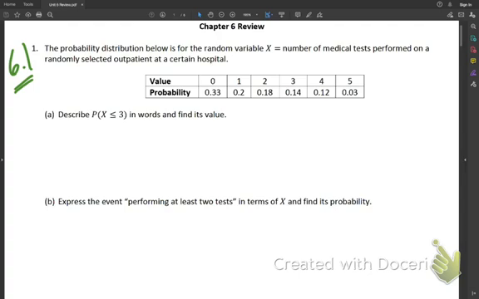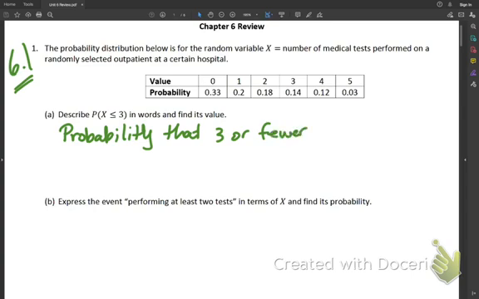So what that means is the probability that 3 or fewer medical tests are performed.